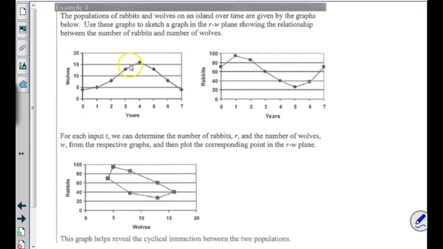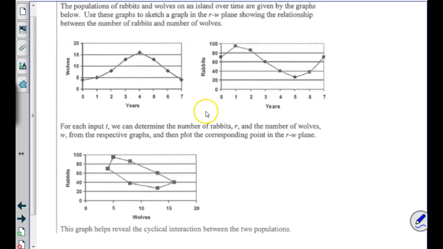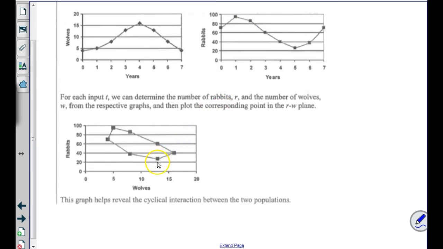The more wolves there are, the fewer rabbits there are, okay? So the idea is that these are both in terms of years, and you could instead graph them with the number of rabbits and the number of wolves, eliminating the years and just looking at the fact that it's a cycle. As one grows, the other goes down, okay? It's a cycle, so the number of wolves changes the number of rabbits.